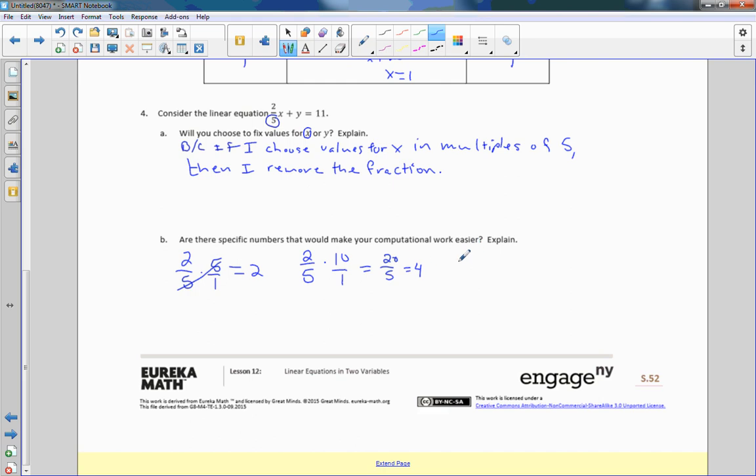So if I do multiples of 10, 2/5 times 15 over 1, this 5 will make that 5 a 3, and I get 6. So if I do multiples of 5, the fraction goes away. Always choose values that match the denominator, multiples of the denominator.